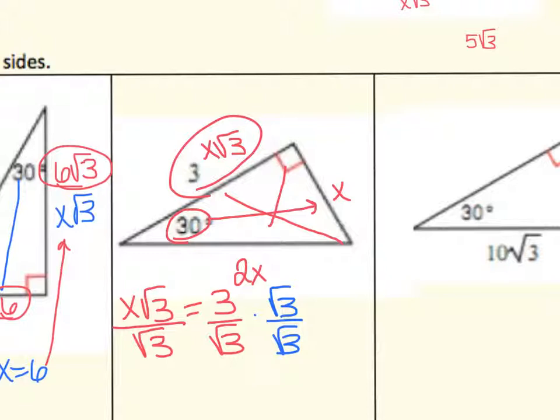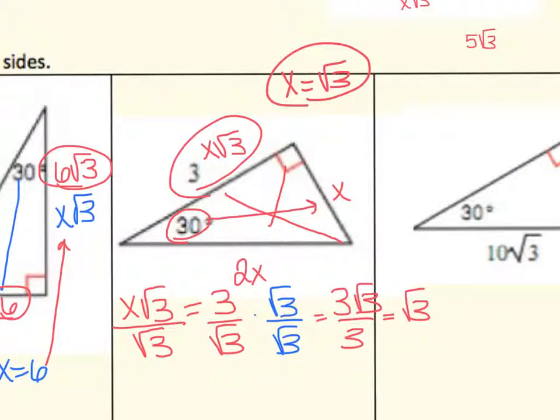So you're going to have to multiply the top and the bottom. And this will just simplify into root 3. So X equals root 3, which means this side is root 3. And this side is going to be 2 root 3, because we're multiplying 2 times the value of X. And since X is root 3, it's 2 root 3.